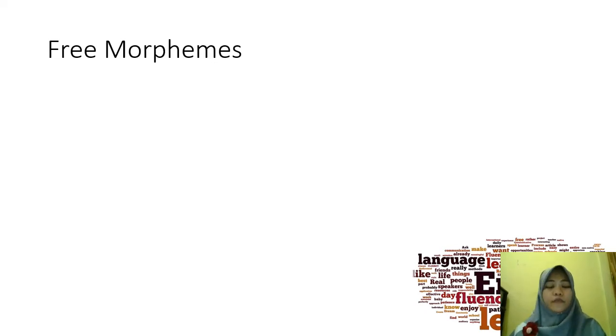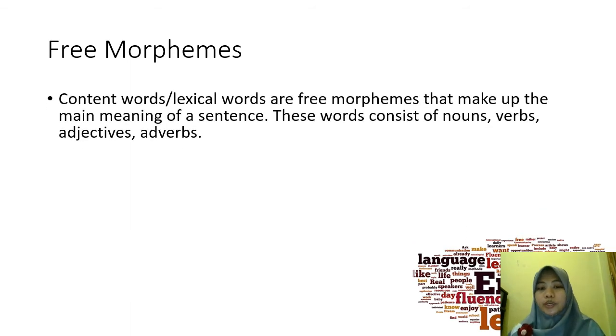Next, about free morphemes: we know that free morphemes are the kind of morphemes that can stand alone as a word. They are also divided into two types. The first one is content words or lexical words. These words make up the main meaning of a sentence, and we have four parts of speech here: nouns, verbs, adjectives, and adverbs.